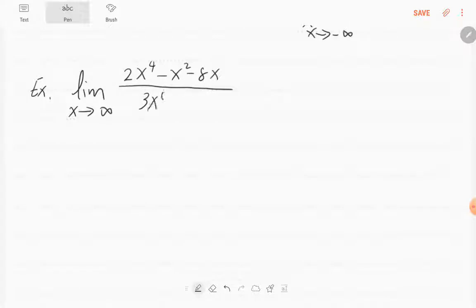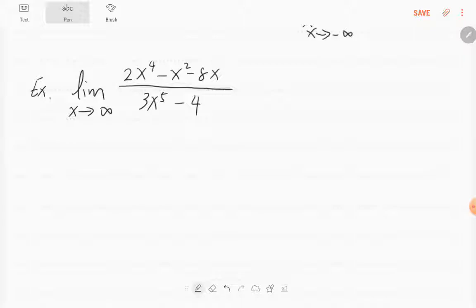The denominator is 3 times x to the fifth minus 4. You can see that when x approaches infinity, that means x is a very large number, right? What is the behavior of this function?